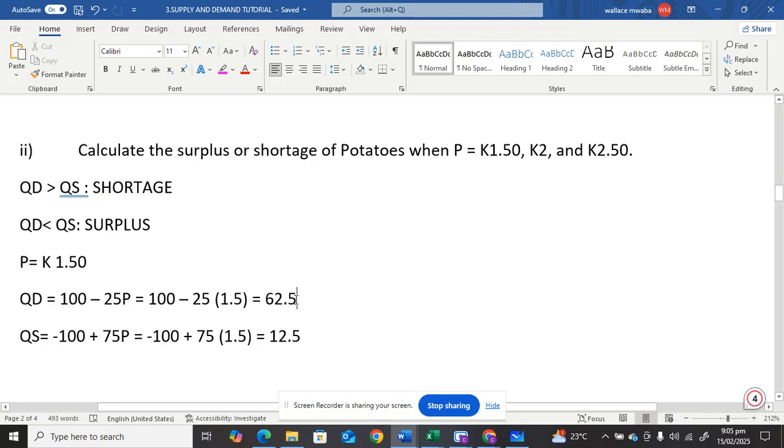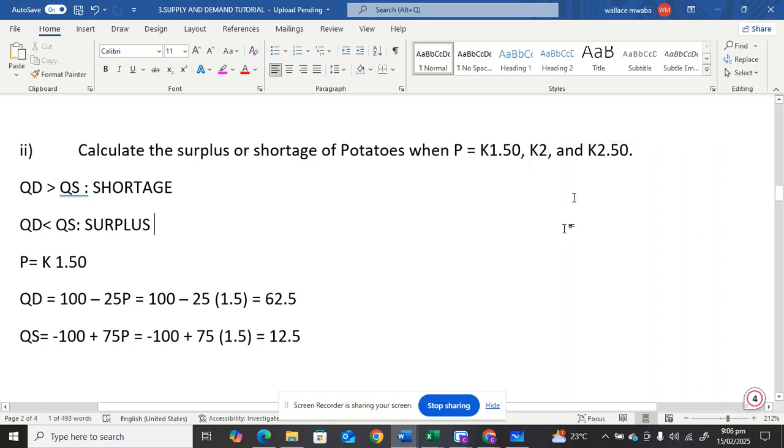Quantity demanded is 62.5, quantity supplied is 12.5. So we have a shortage. At 2 kwacha, that was at equilibrium, quantity demanded equals quantity supplied.